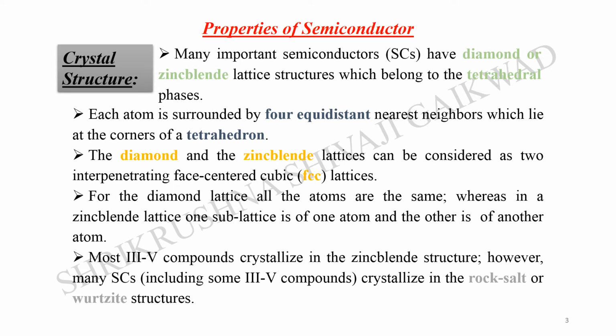However, many semiconductors, including some of the 3-5 compounds, crystallize in a rock salt or the wurtzite structure. The wurtzite structure is the zinc oxide structure, and rock salt is the other one, like salty, meaning NaCl.